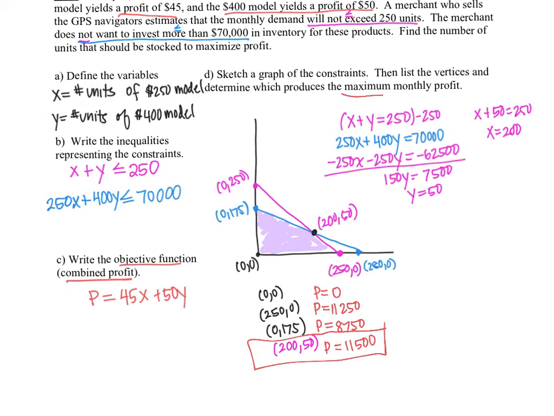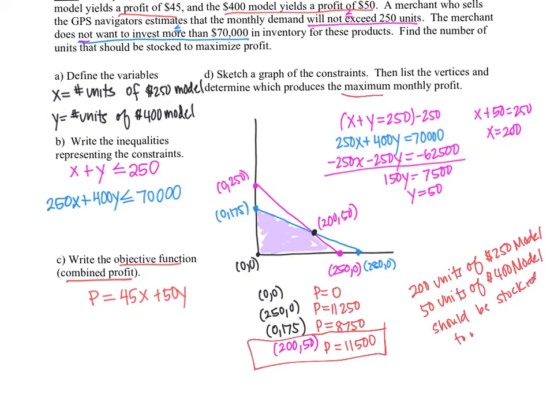So it asked me to find the number of units that should be stocked. 200 units of the $250 model and 50 units of the $400 model should be stocked to maximize profit. Okay, so I answered the question. If they asked me what the profit would be, I would say the profit's going to be 11,500.